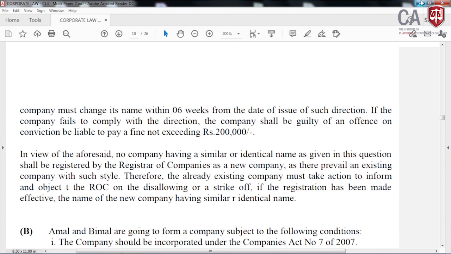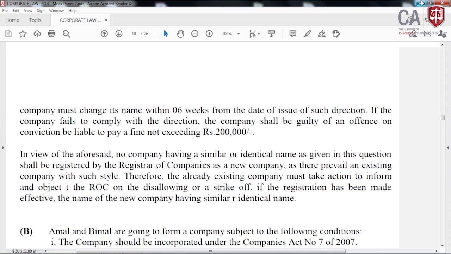Now I come to the conclusion of the answer, where I state that in view of the aforesaid, no company having a similar identical name as given in this question shall be registered by the Registrar of Companies as a new company, as there prevails an existing company with such a name. Therefore, the already existing company must take action to inform and object to the ROC on the disallowing or a strike off of the second company's name.